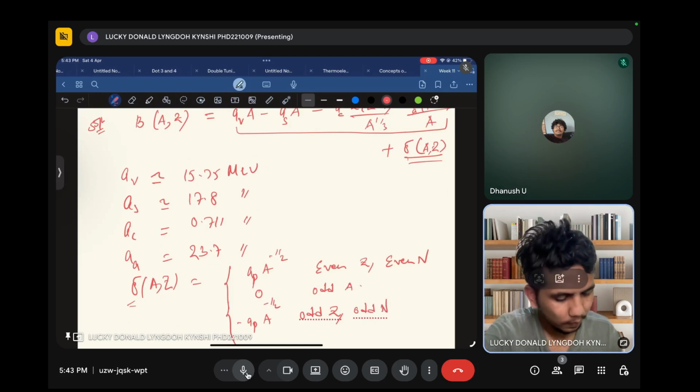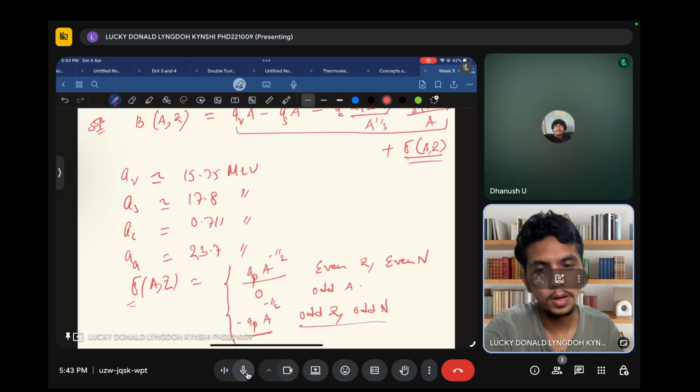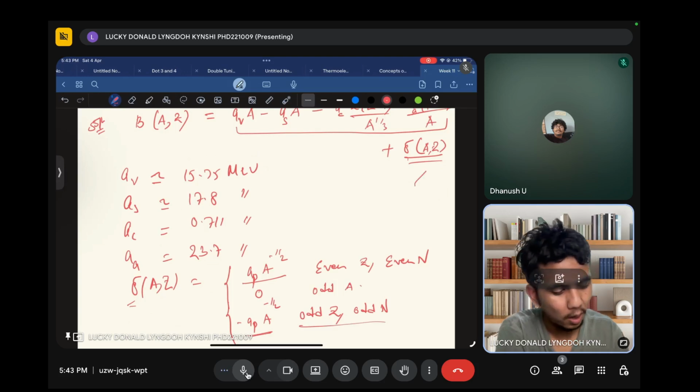So if both protons and neutrons are even, you have this relation, AP A to the power minus 1/2. If both are odd, then you have minus AP A to the power minus 1/2. You just need to add these values to the above terms.